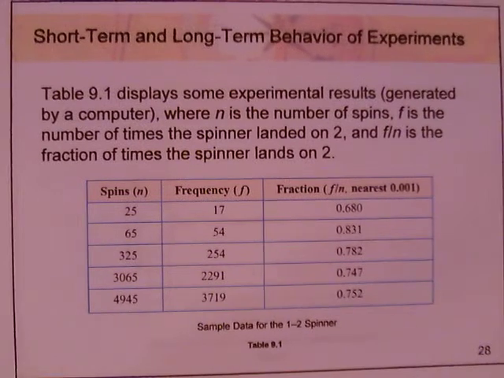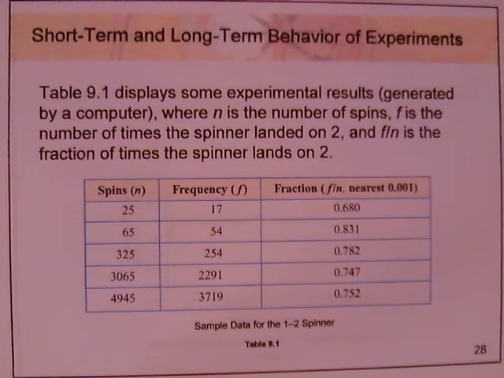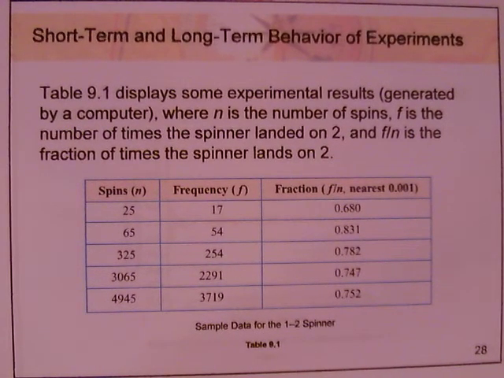So in this case here, table 9.1 displays some experimental results generated by a computer, where N is the number of spins, F is the number of times the spinner landed on 2, and F divided by N is the fraction of times the spinner lands on 2. And as you can see here, this is the outcome.